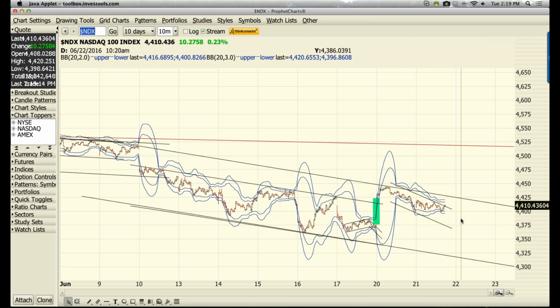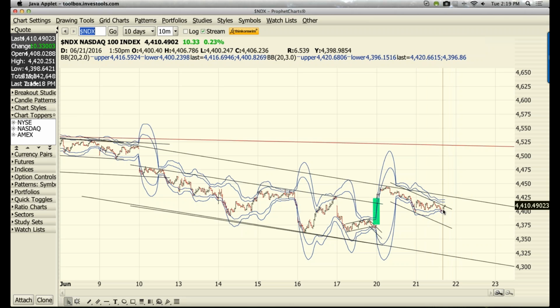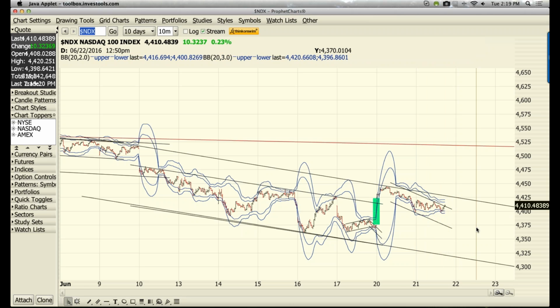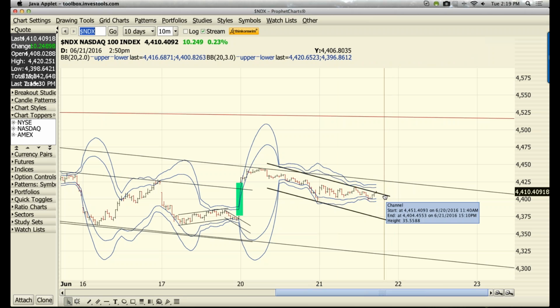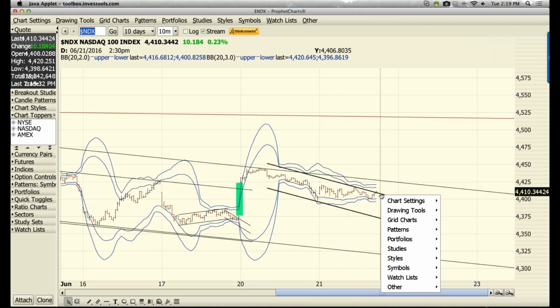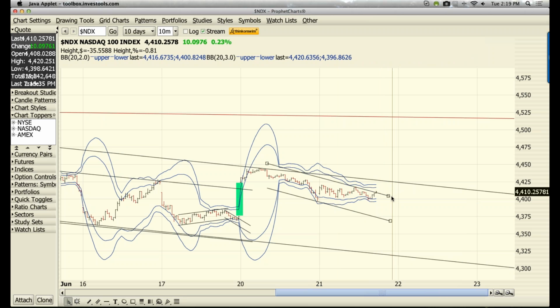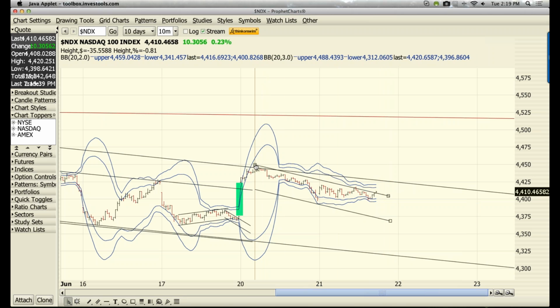So it would not surprise me to see some sort of a shift, either higher or lower. And what I'm seeing is we're starting to break above a little bit, above where I had identified resistance. So what I'm going to do is make an adjustment here. I'm going to move my channel line, and I'm going to do so in a way where I'm going to capture these previous points of resistance.